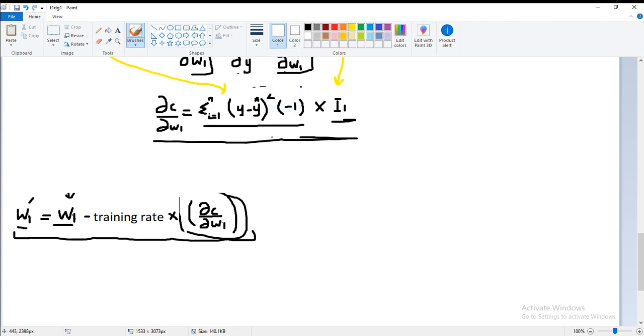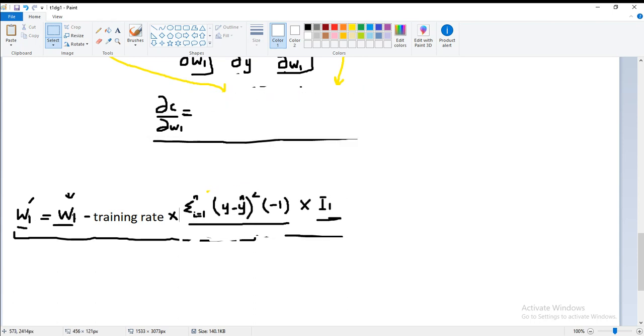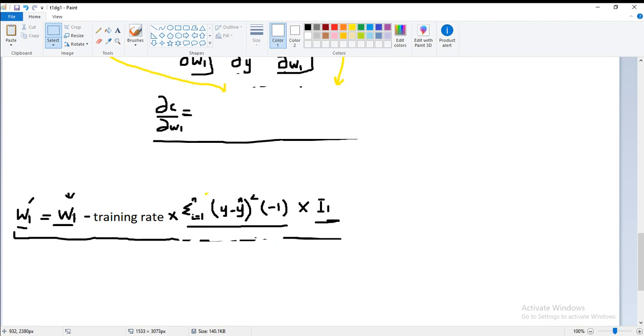I'll remove this part. And I'll select this one, and I'll replace this part with the part which is removed. So this is a weight update formula for W1 only.